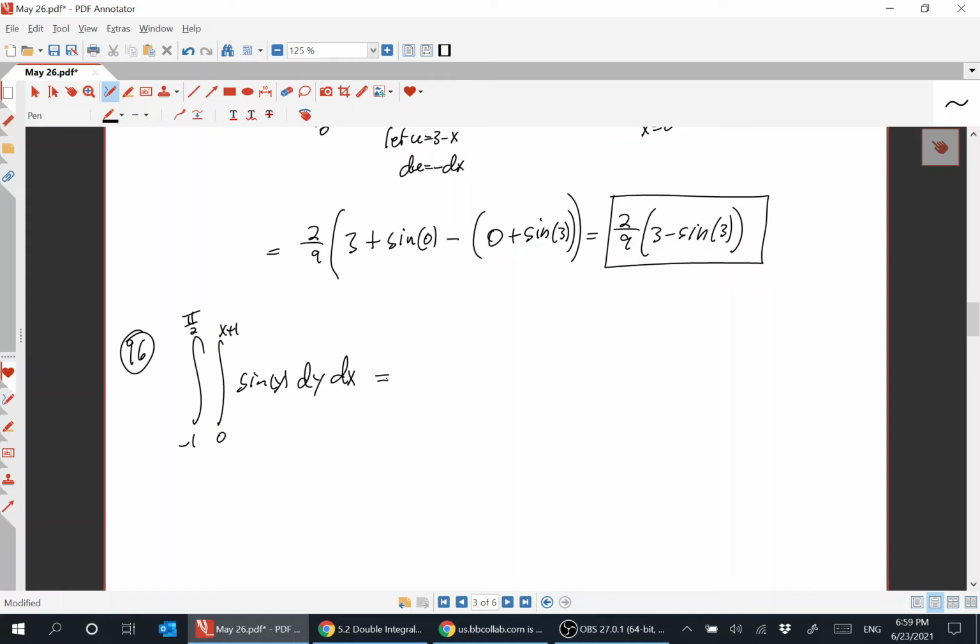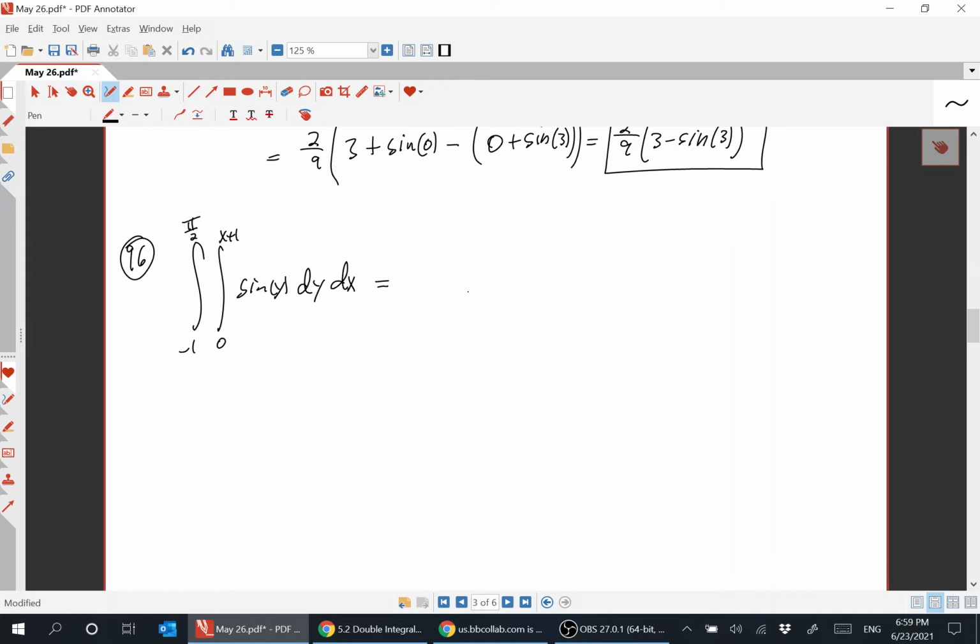So in order to reverse the order of integration, we need to look at what this region is. So this region, since we're doing dy dx, is a type 1 description of a region. So we need to turn that type 1 description into a type 2 description.